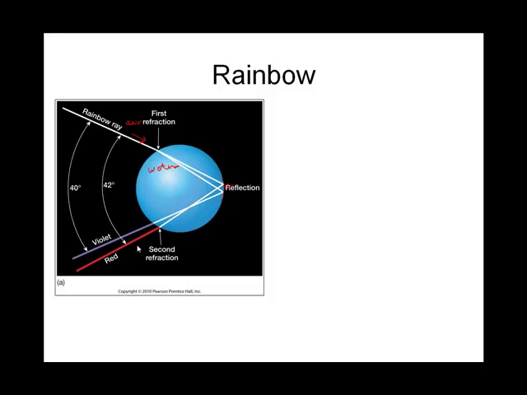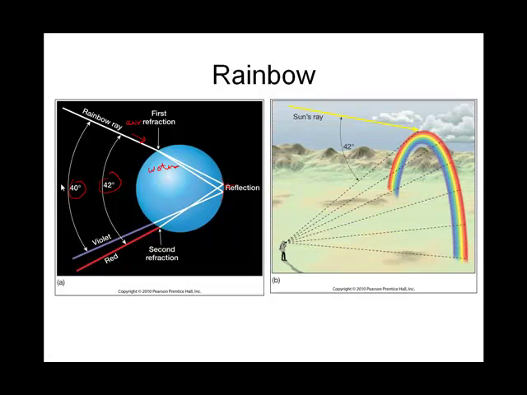Isn't that cool? And what you're going to see is that the red is going to be refracted 42 degrees when the dust finally settles, and the violet is only going to be refracted 40 degrees due to the double refraction. So you can see the consequences of that, the 42 versus the 40.